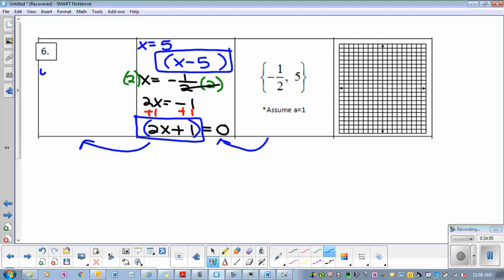So then now your equation is y equals x minus 5 times 2x plus 1. Right? And then let's graph this.